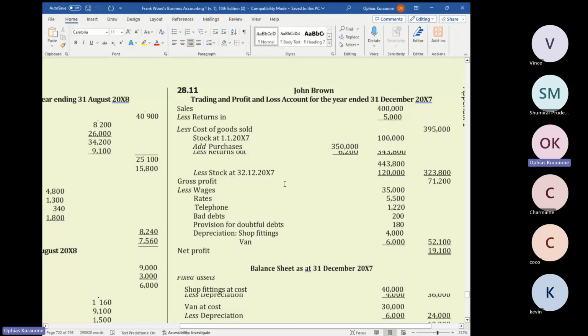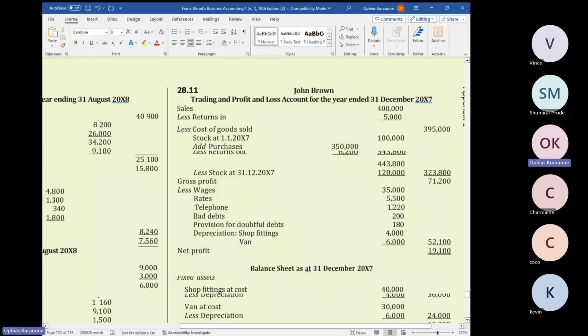Then closing stock at the end. Our closing stock here at 31 December is 120. Gross profit, as we have said, wages, rates 5,500.